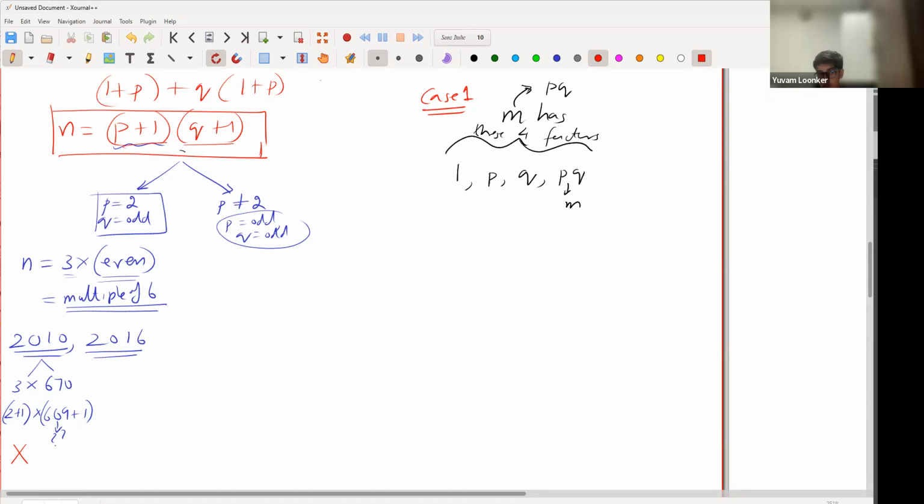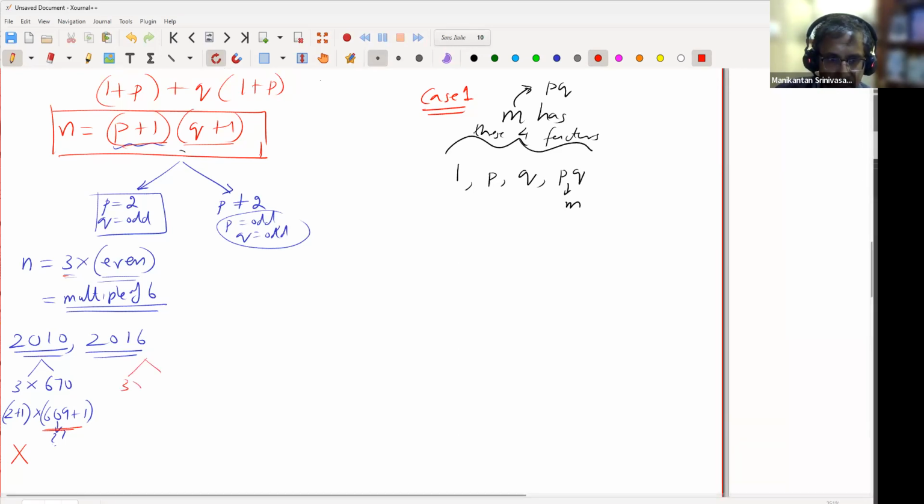So if P is 2, then this is 3 times an even number, which means it's a multiple of 6. And among the multiples of 6, there are only 2 numbers in this set of 10. For 2010, I checked that 669 is not prime, and therefore this combination will not work for 2010.